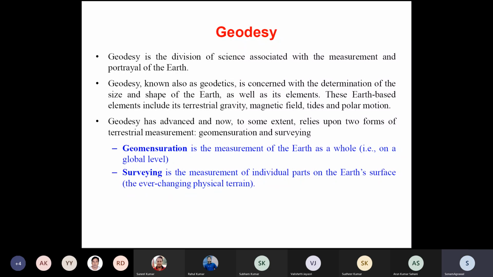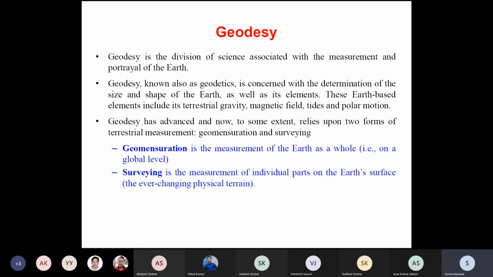Any view about this? Yes, somebody is answering it. Spheroid, yes.